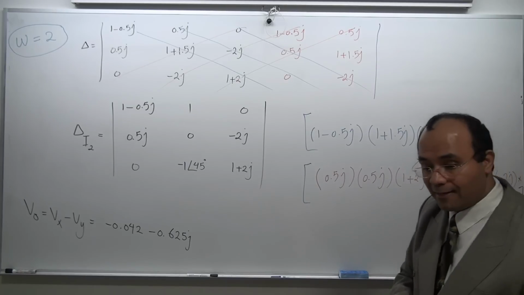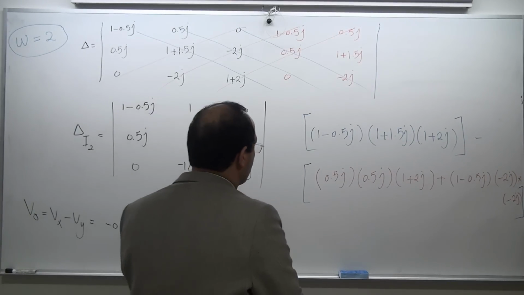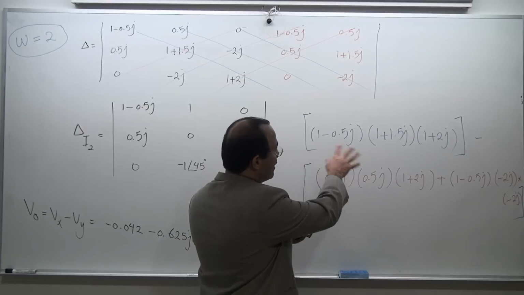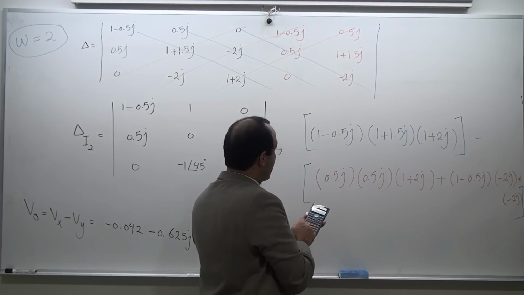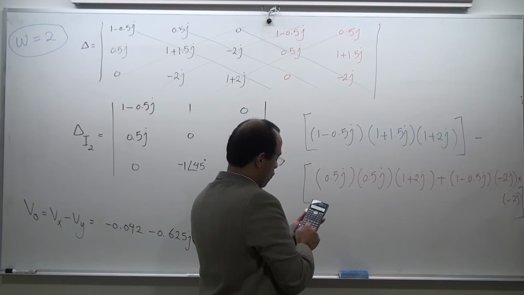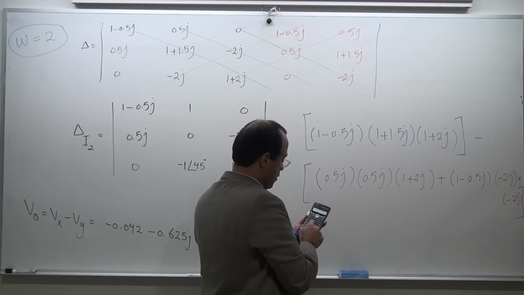So I need to calculate each one of them individually and then subtract. So why don't we do that? Well, remember the brackets. 1 minus half j, 1 plus 1.5j, 1 plus 2j.